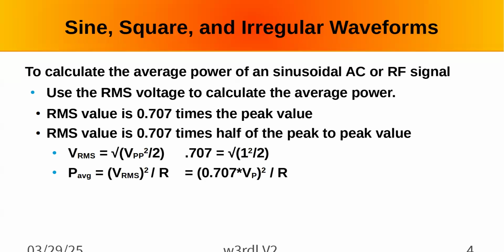The square root of 1 over 2 is 0.707. 1 squared, that's like 1 to the 49th power is still 1. Well, I just plugged 1 in as the voltage peak to peak. Oh, for 1 volt. I see what you did here.